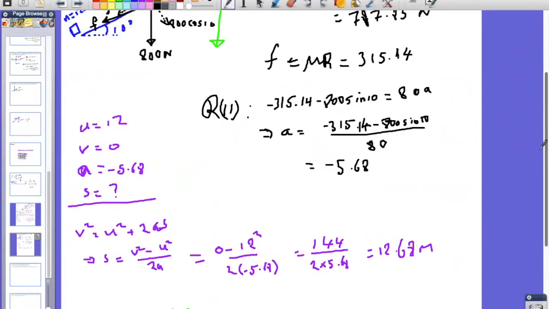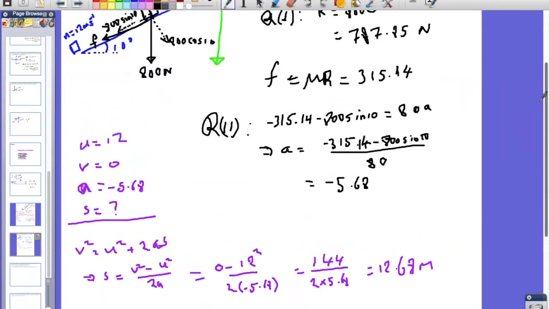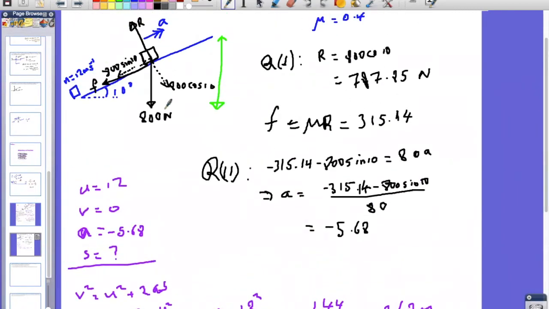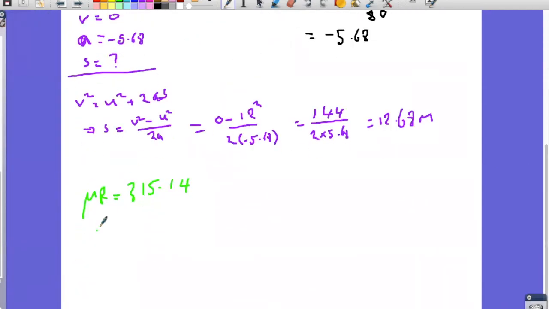And then now, you have to explain that when he arrives up the slope, the frictional force will change direction and look upwards. And 800 sine 10.